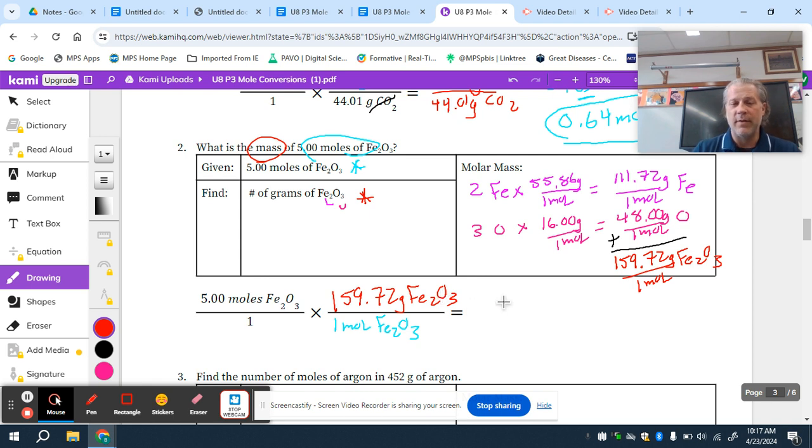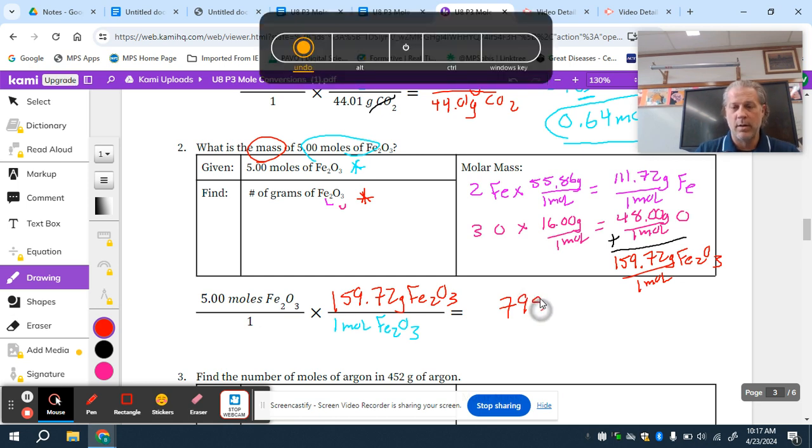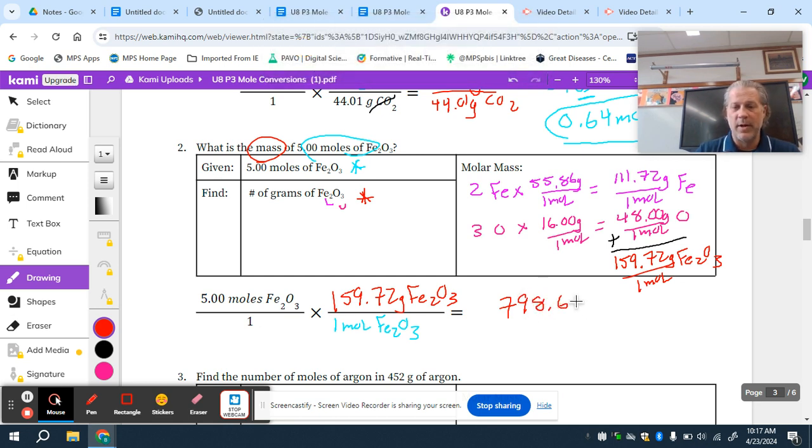Now all that's left is to do the math. If I multiply these fractions straight across, I'm going to take 5 times 159.72 and 1 times 1. The calculator gives me a value of 798.6, and that's grams of Fe2O3.